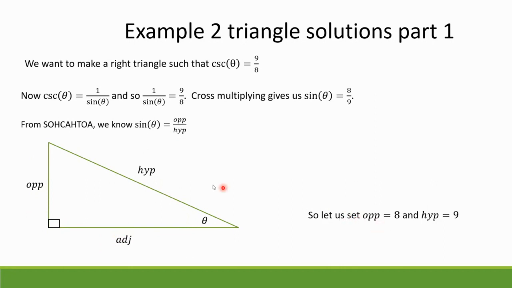So basically here we have sine of theta is 8 over 9. We're going to let OPP be 8 and the hypotenuse be 9, because again, sine of theta is opposite over hypotenuse, and that's equal to 8 over 9. You want a right triangle where this is happening.